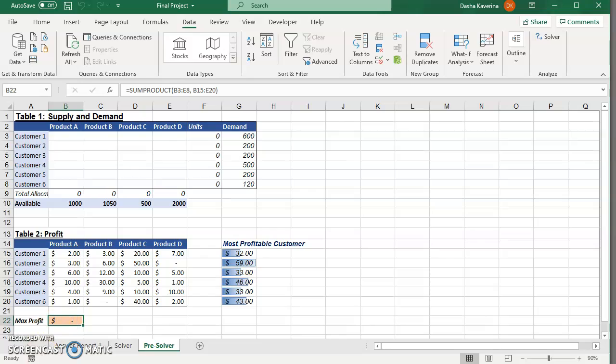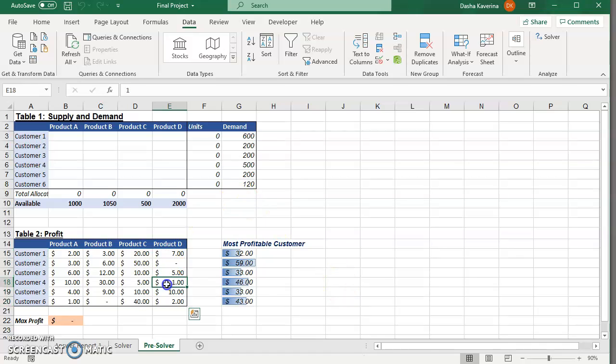In other words, we want to have these quantities distributed as profitably as possible, considering that all customers get something on their order. So to maximize profits, I'm using the sum product of the quantities and the profits.